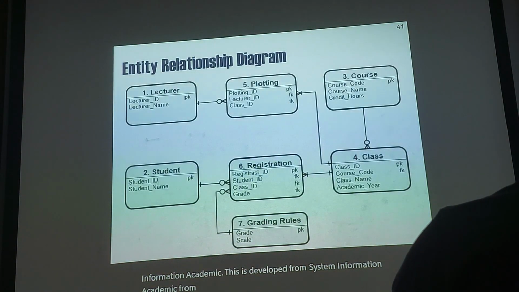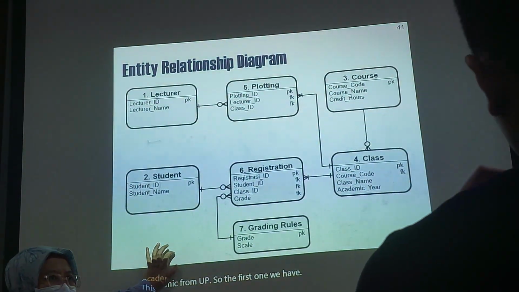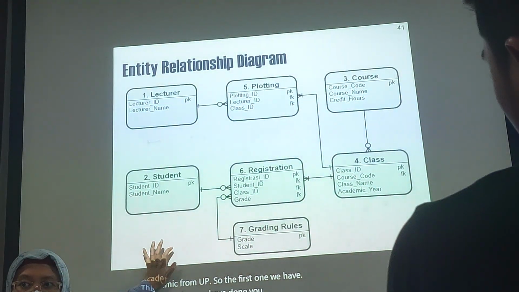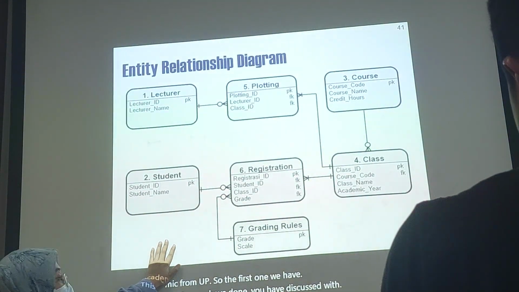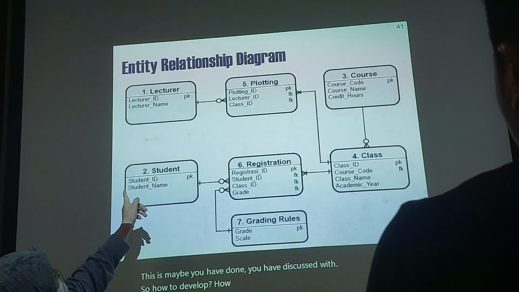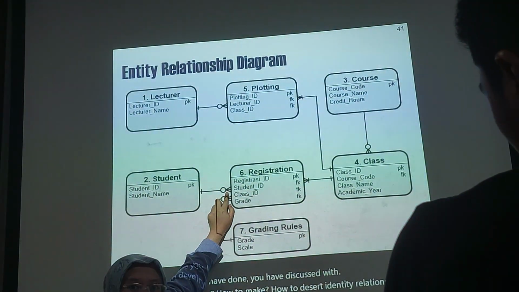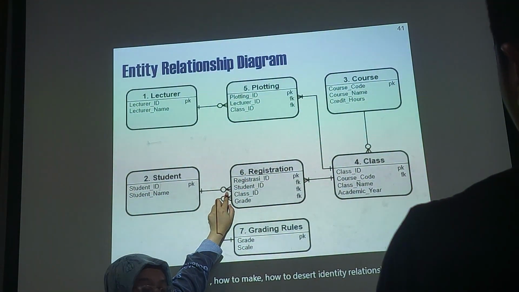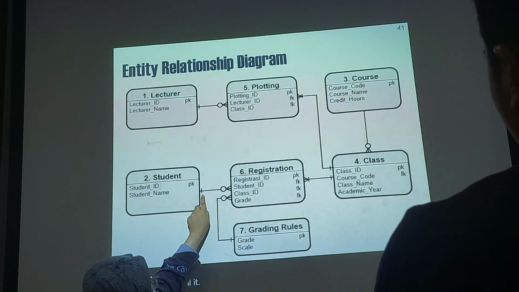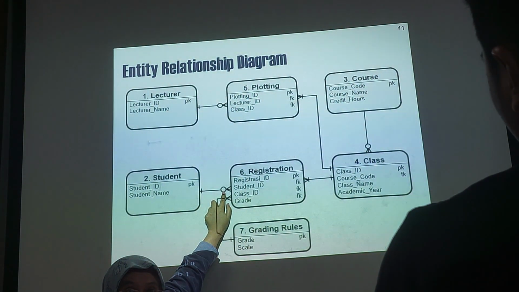So the first one, we have the entity relationship diagram. Maybe you have discussed with Wijaya how to design an entity relationship diagram. This is the cardinality: one, two, many. Do you still remember?